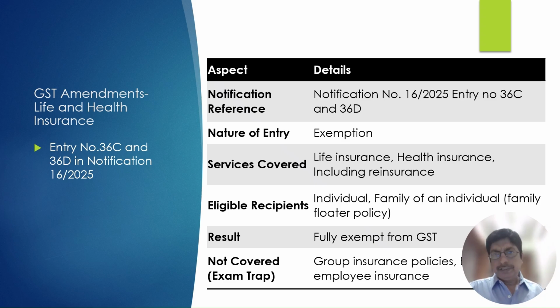Entry number 36C and entry number 36D have been inserted as exemption entries by way of notification 16/2025. It says that if an individual has taken any life insurance or health insurance for himself or herself and his or her family, then that is fully exempt. This is a welcome step, a welcome amendment.